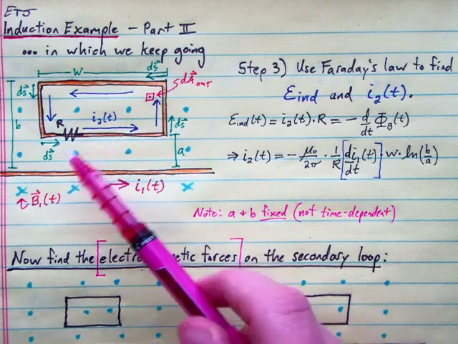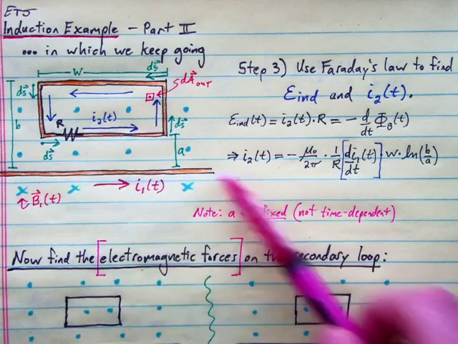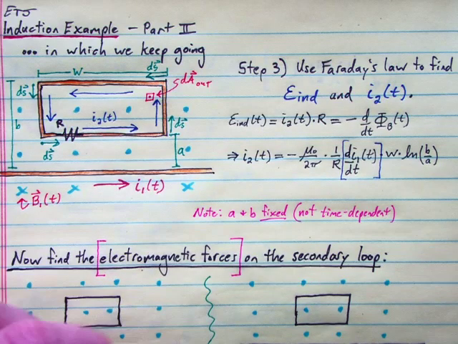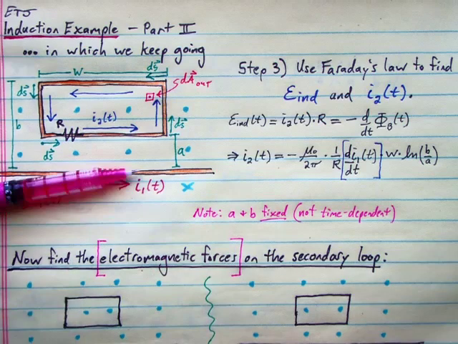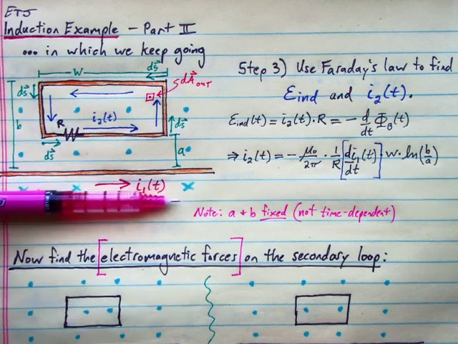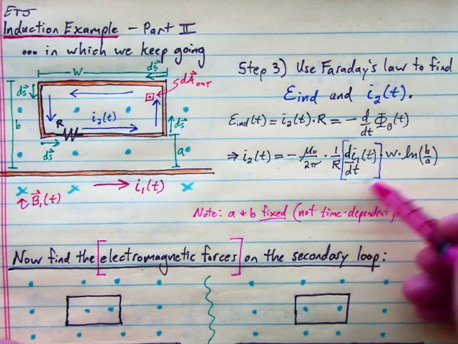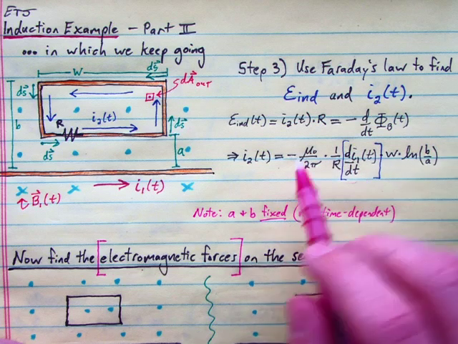Okay, so I've here drawn the direction of an I2 that would be considered a positive I2. Let's look at this equation. What we see here is that if this is a positive I1, and if, for example, it were increasing with time, so if I1 were getting stronger, dI1 dt would be positive. These other terms are all positive, but there's a negative right there.